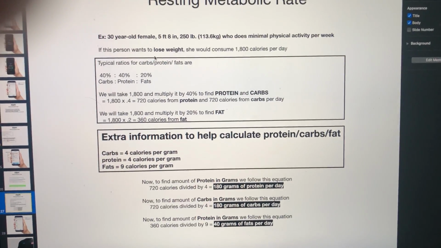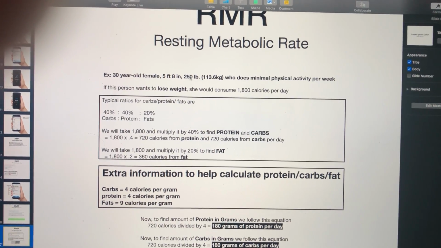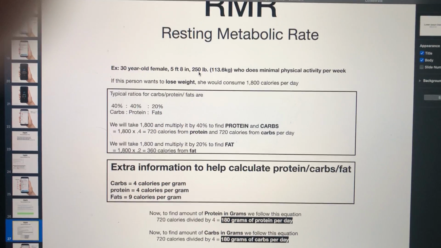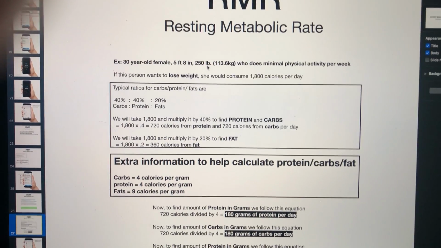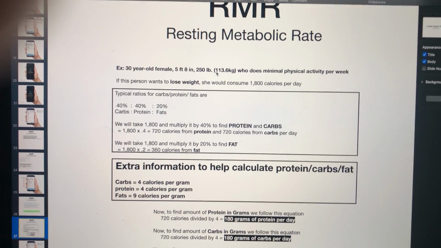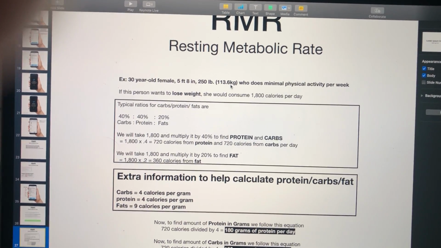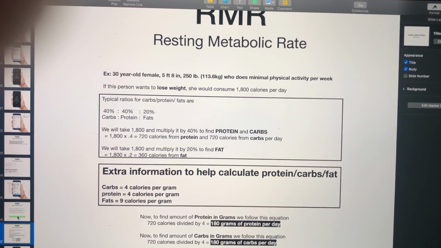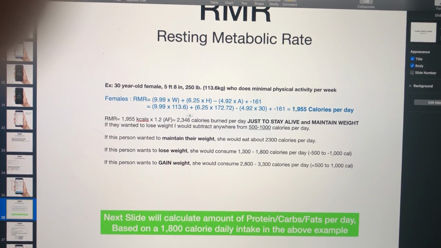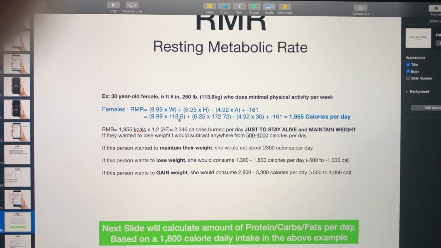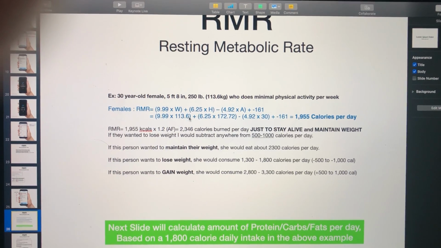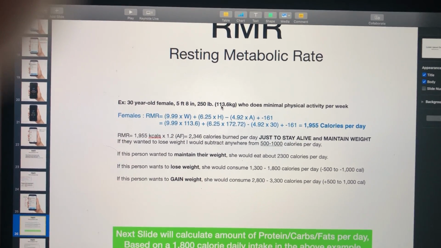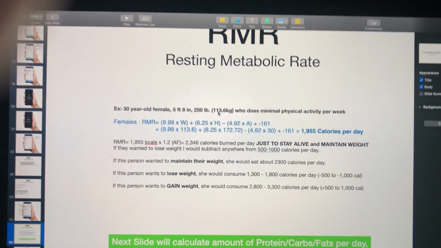So on day one, week 1, this person weighs 250 pounds, but on week 2, they might weigh 245 pounds, which is going to change this number right here, which is ultimately going to change the whole equation, because it'll no longer be 113.6 kilograms at 250 pounds; if it was 245, it might be 110 kilograms.